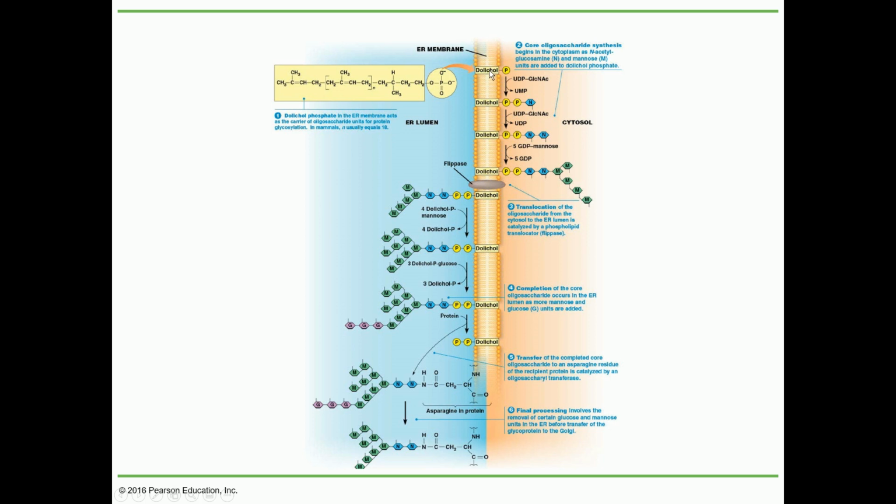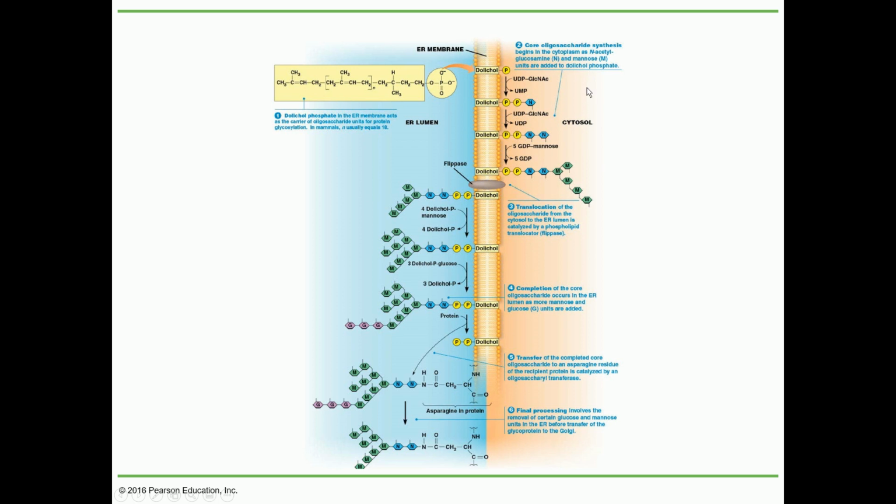It is called dolichol phosphate. Dolichol phosphate in the ER membrane acts as a carrier of oligosaccharide units for protein glycosylation.